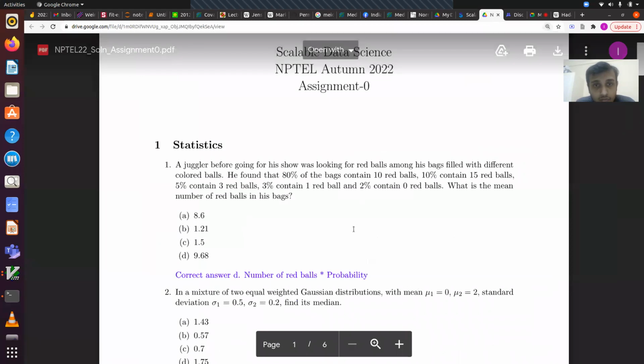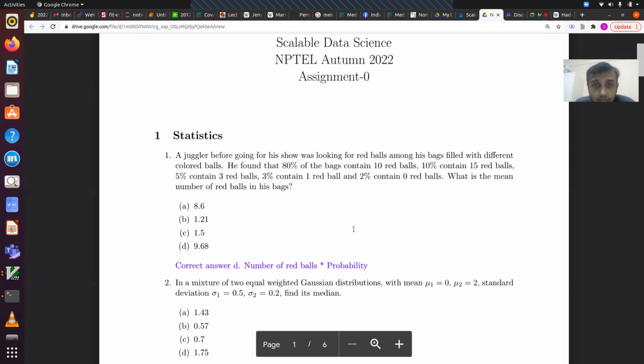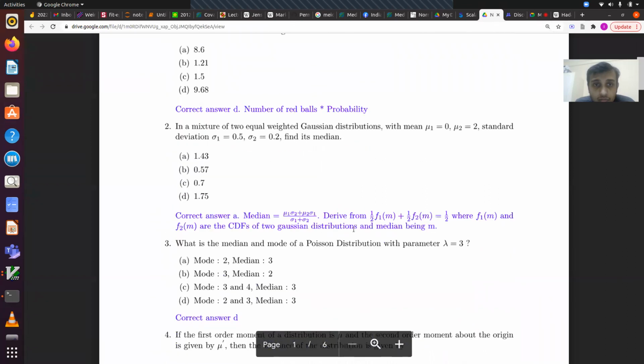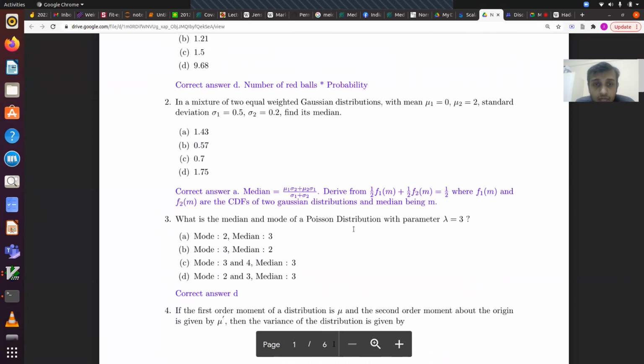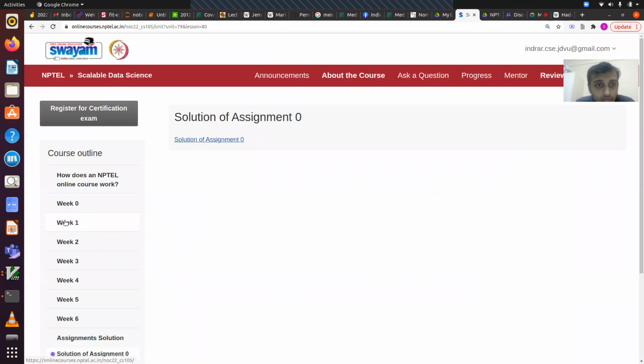So in this case, you are not understanding. No, sir, the correct answer is provided. Number of red balls is provided. These are basic things, sir. Everybody understands. You have understood assignment zero, everything? Everybody understands. Okay. So suppose assignment zero, let's go to assignment one. Assignment 1.